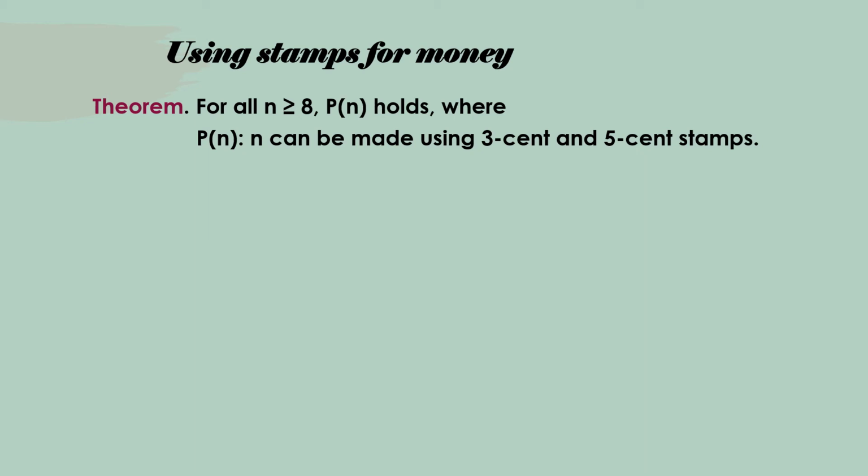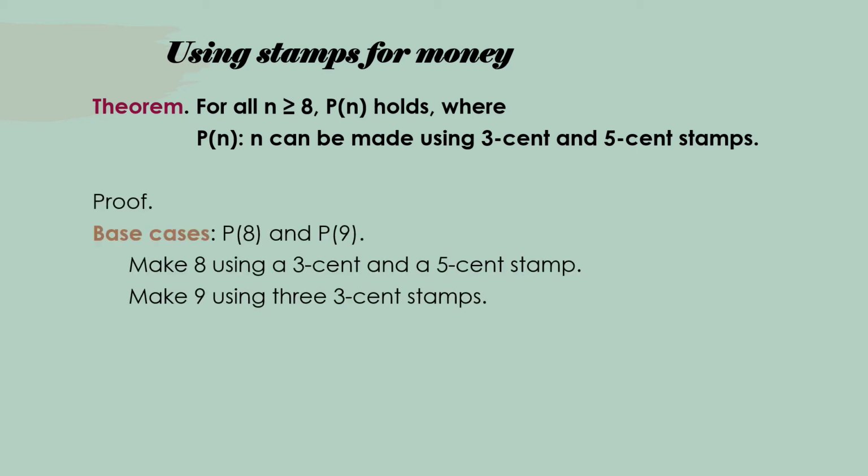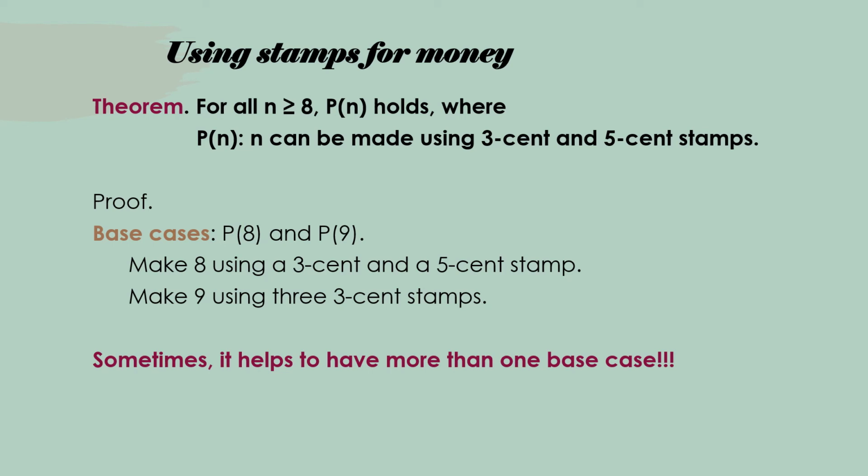That is, using 5-cent and 3-cent stamps, we can make any possible amount. For the base case, let us take two cases, P(8) and P(9). For 8, we can use 3 cents and 5 cents. If it is 9, then we may use three 3-cent stamps. Sometimes, instead of just one, we may use more than one base case. In this case we are using two, P(8) as well as P(9), as base cases.